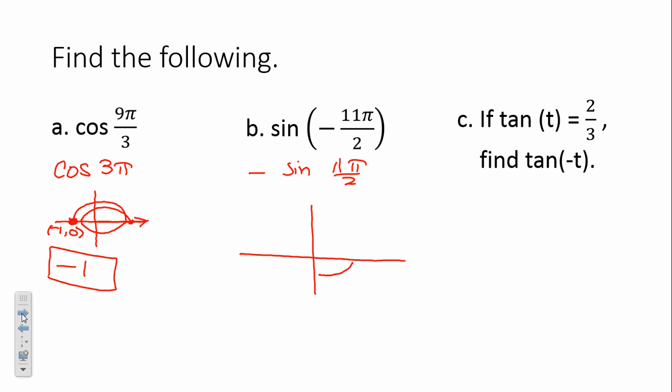Here's 1 pi over 2, 2 pi over 2, or pi, 3, 4 pi over 2. Everybody agree that's -11 pi over 2? Okay, so I'm counting by pi over 2's.